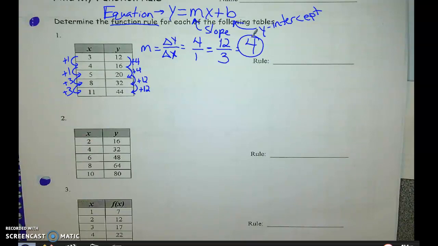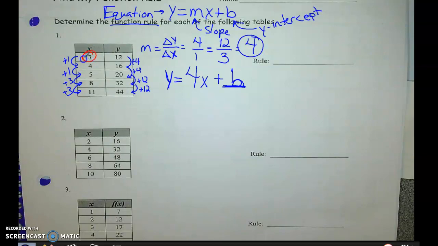So now when we think about our equation, we're doing the form y equals mx plus b. So y equals, our m is 4, so 4x, and then we've got to figure out, is there a b? Is there something that we need to add on to be that b? So we're going to test it out. We're going to plug it in, okay?